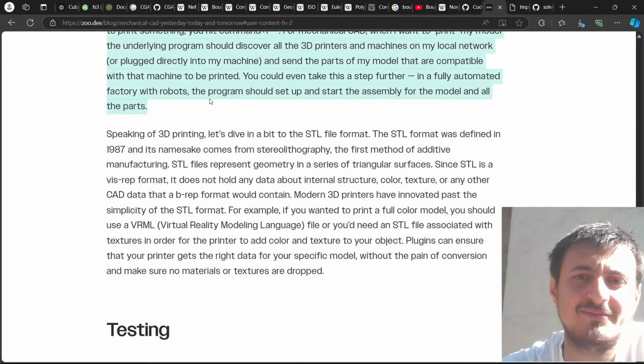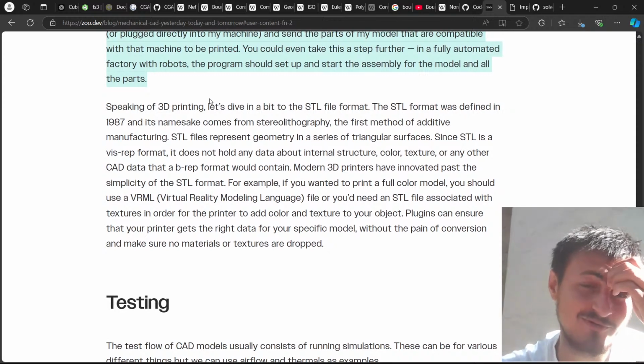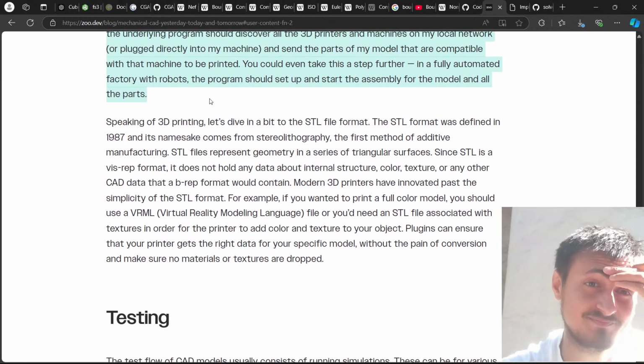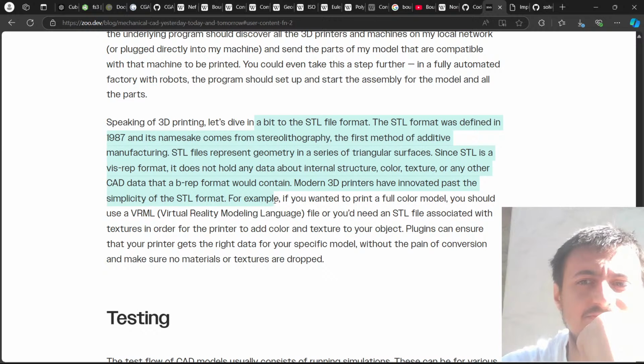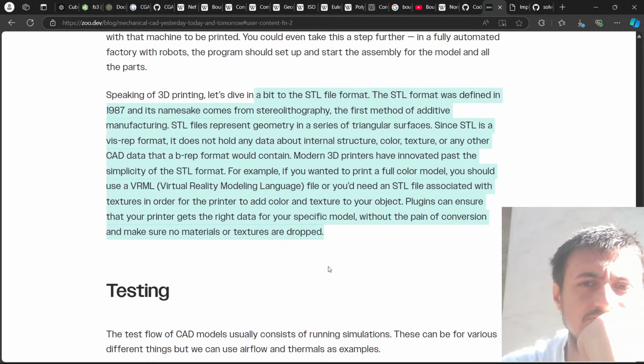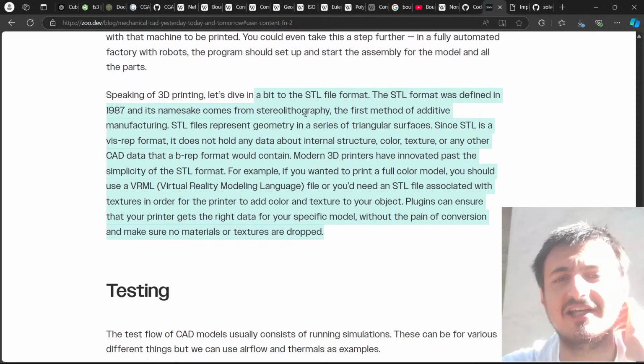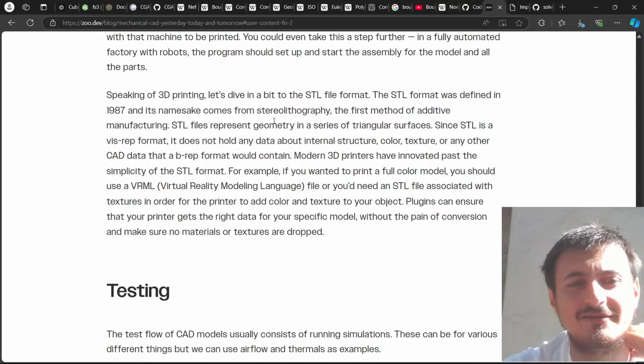The program should set up and start the dude. They're thinking cool. They're thinking really cool. SLA came before. That's so interesting, dude.